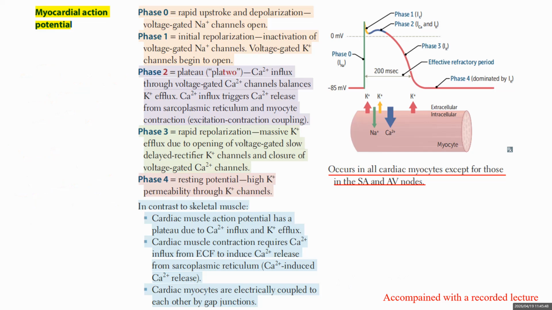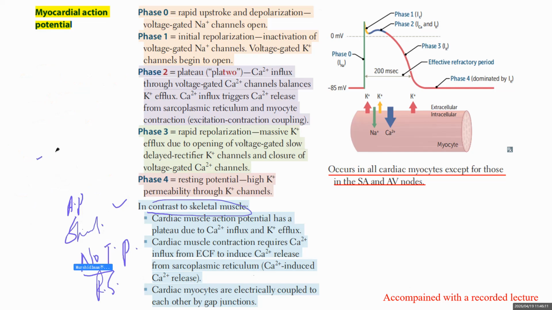This is important. Now if we compare the skeletal muscle with the cardiac muscle, we have to understand that in the skeletal muscle the action potential is shorter, with no true plateau phase, and the refractory period is also shorter.